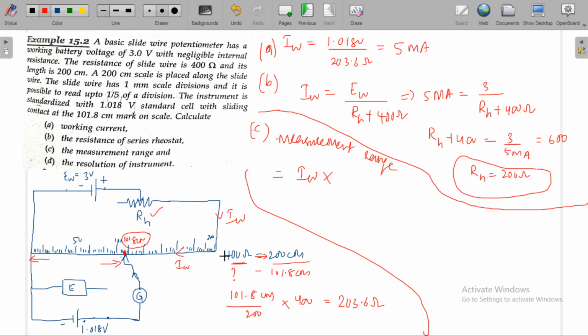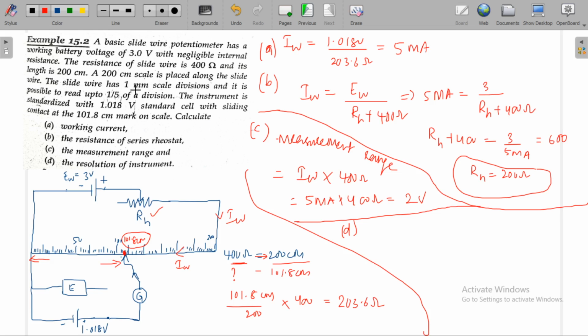into the resistance of the slide wire, 400 ohms, which is equal to 5 milliamps into 400 ohms, which is equal to 2 volts. The range of this instrument is 2 volts. Now the resolution of the instrument.